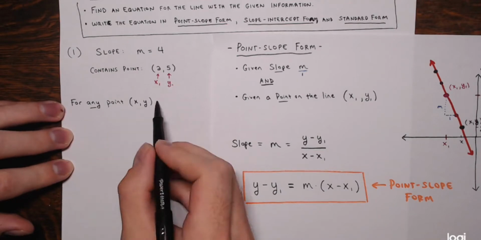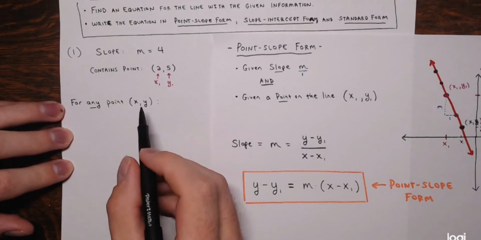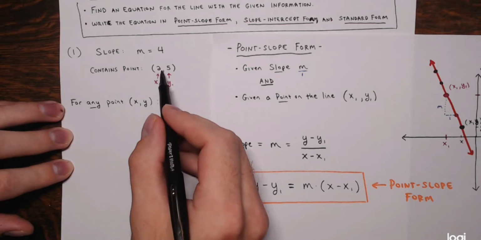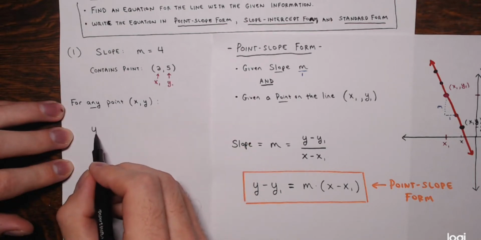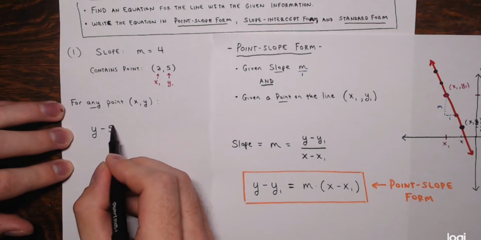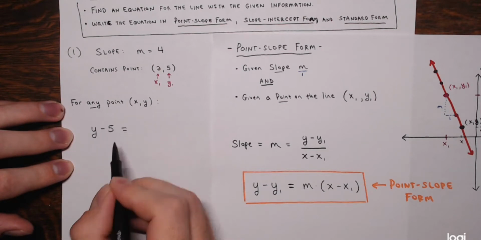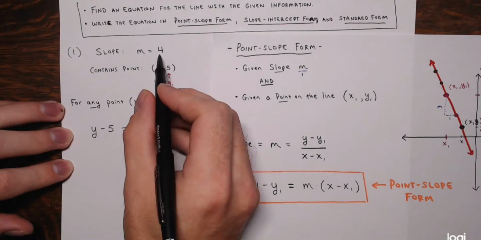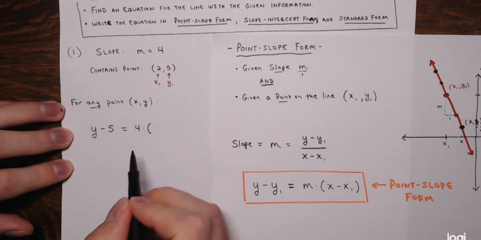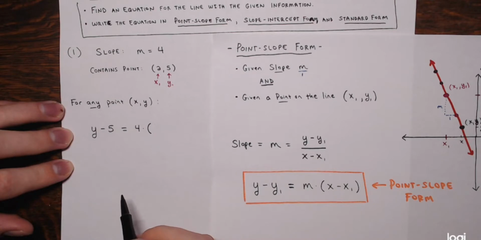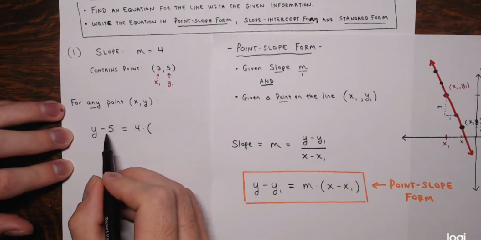But for any point xy, and the point 2, 5 here, the change in the y-coordinates, y minus 5, should be equal to the slope 4 times the change in x, taken in the same order that you took the change in y.